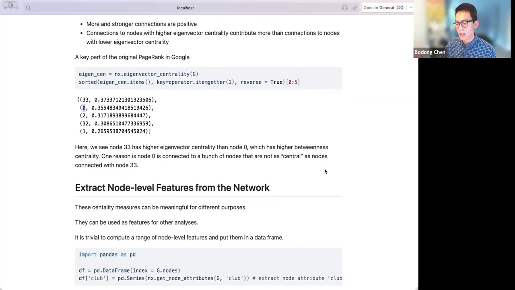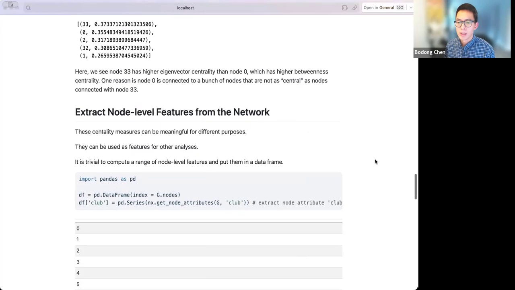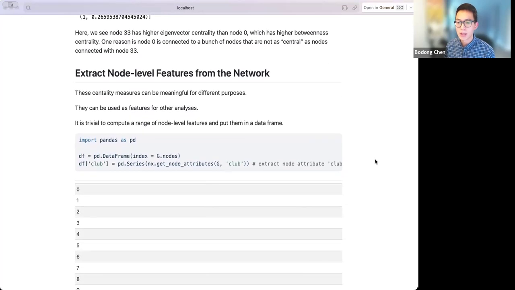We're providing you a list of options to choose from, and which measures matter for you depends on the question you're asking, the context you are working with, and the nature of the data you are coping with. But one pretty typical use of those network node level measures is you can extract them and potentially fit them into additional data analysis pipelines.